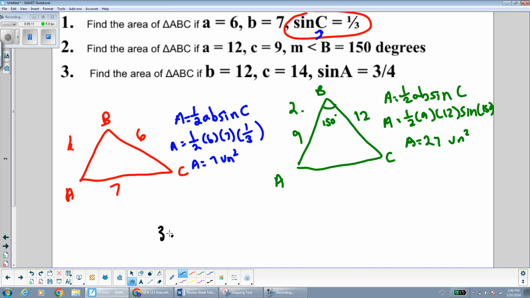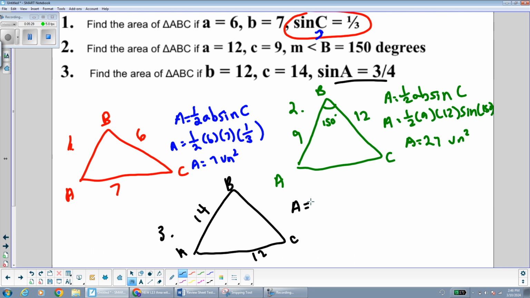Moving on to number 3, we're finding the area of triangle ABC. If B is 12, C is 14, and the sine of angle A is 3/4. So once again, two sides next to each other, and the sine of the angle in between. So area is 1/2 AB sine of angle C. The two sides next to each other are 14 and 12, and the sine of the angle in between is 3/4.